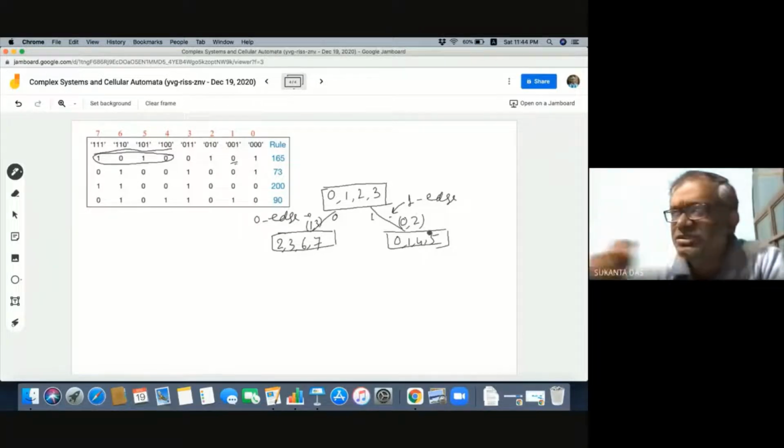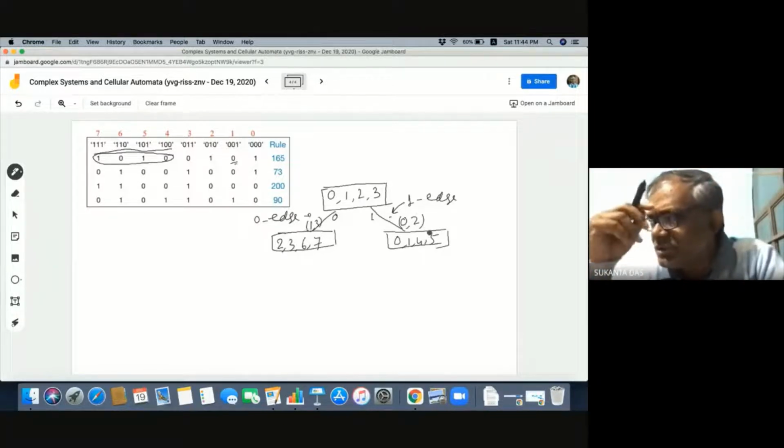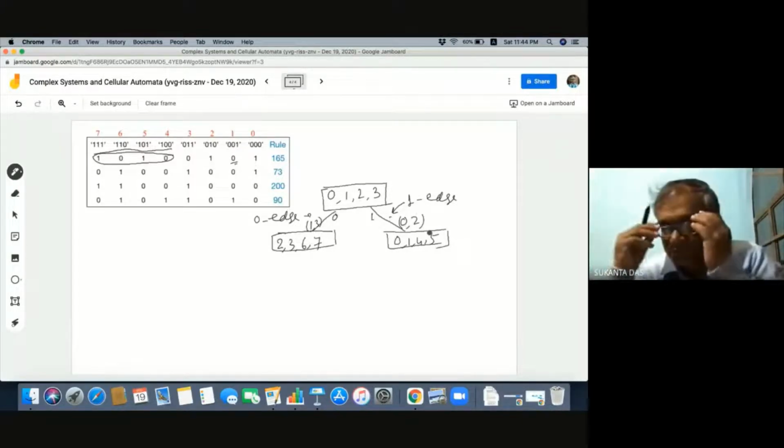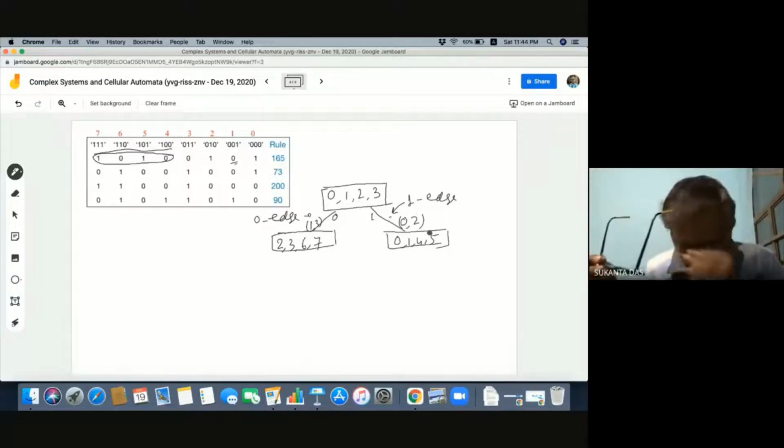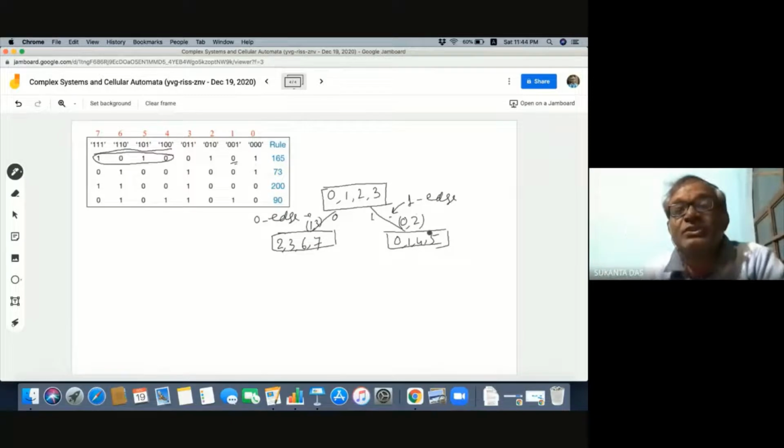I think you understand what I'm doing. I'm actually trying to find out all possible RMT sequences. All RMT sequences can start with either RMT 0, 1, 2, or 3.